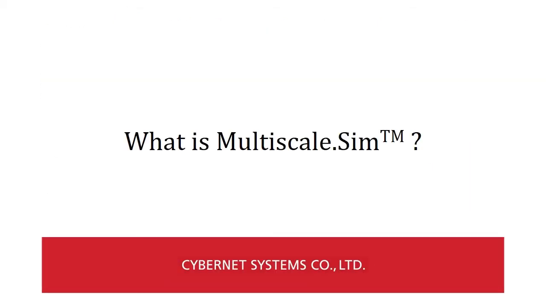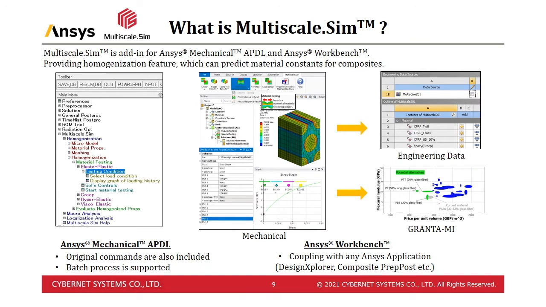So, let me introduce our products for performing multiscale analysis. Firstly, let me show you an overview of our multiscale solution. The tool name is Multiscale.sim. This product was developed to predict the equivalent material properties for composites using the homogenization method.